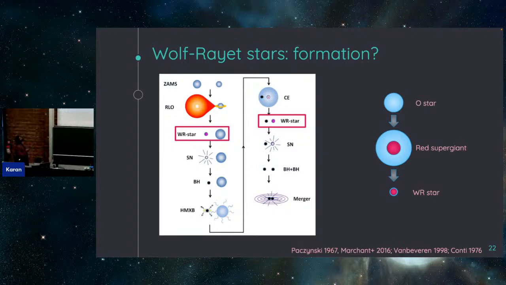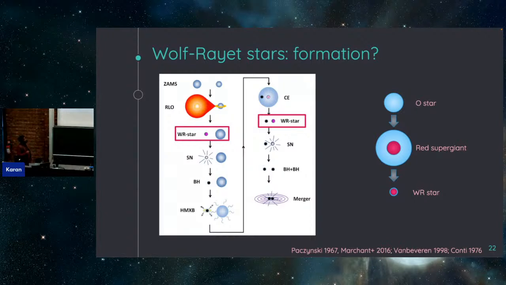So in a binary system, you can have two stars that are close together, and the initially more massive one will evolve faster, and as it does, the secondary is able to strip the outer envelope, where it appears as this pink Wolf-Rayet star. And you can see that in this evolutionary channel, it appears twice.